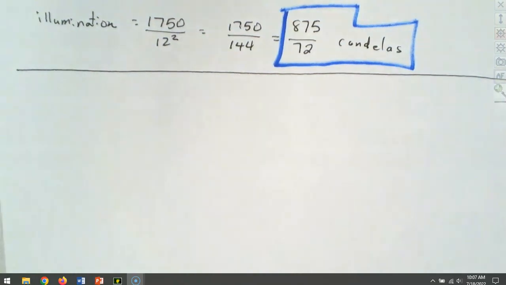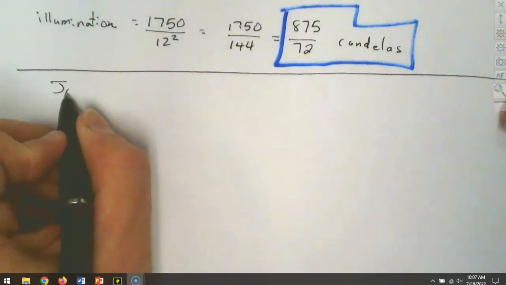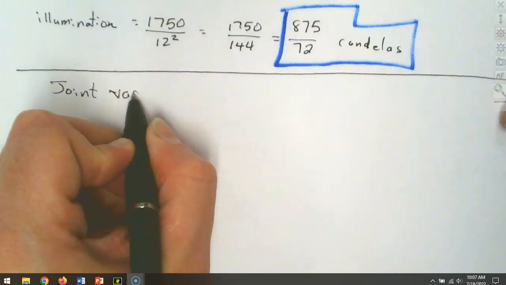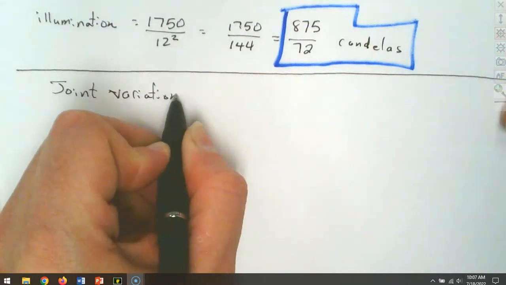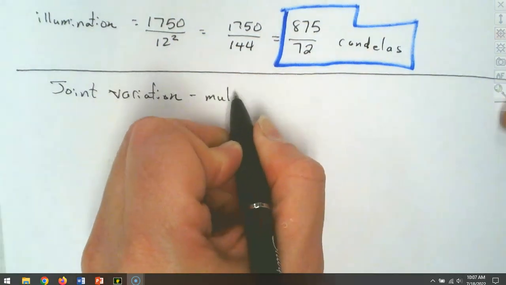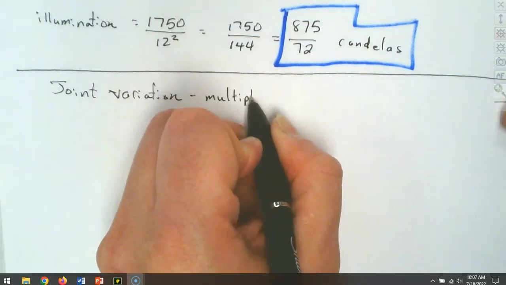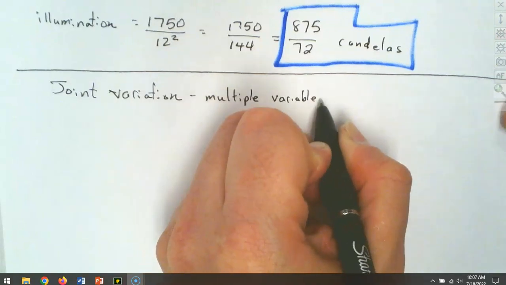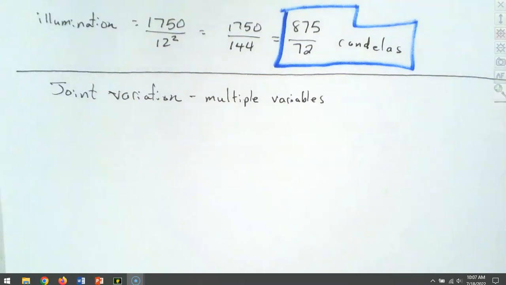And joint just means we have multiple variables or multiple things going together. So several things go together to influence another variable.